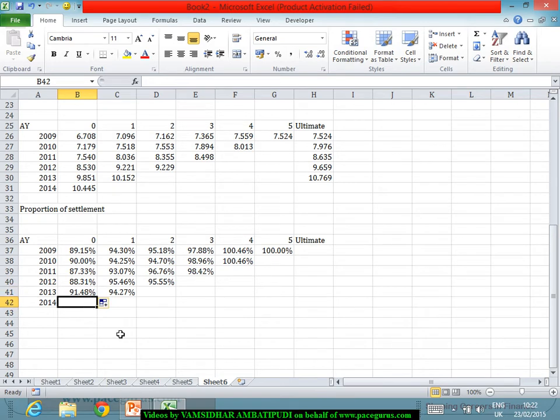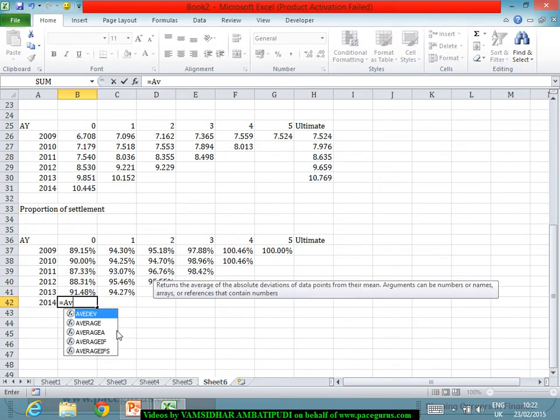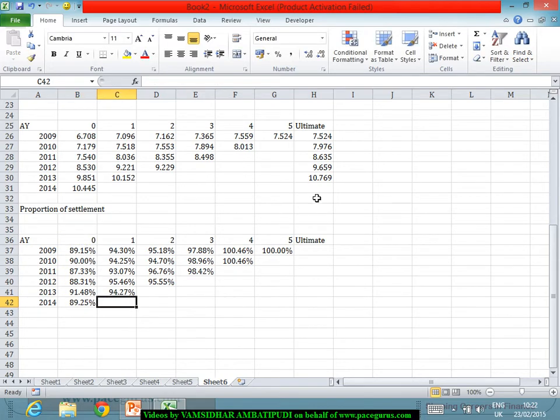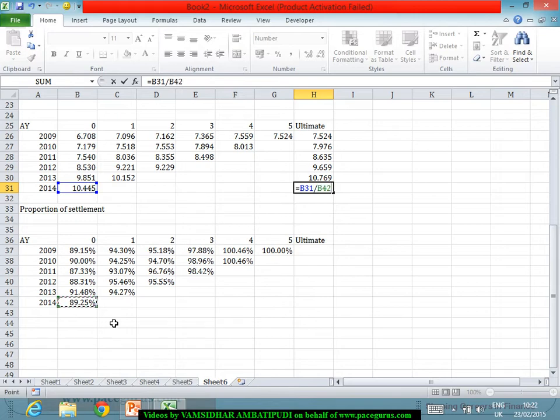And finally, I can take the average for 2014 as well and compute the ultimate in this case. So these are the various ultimates that are getting computed, as well as these numbers. So for each of the years, I have my ultimate numbers.